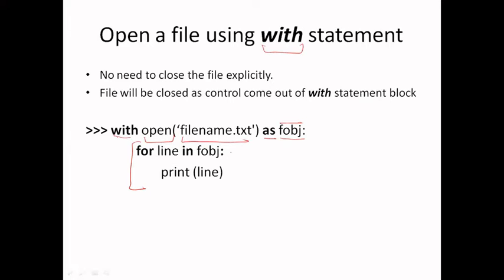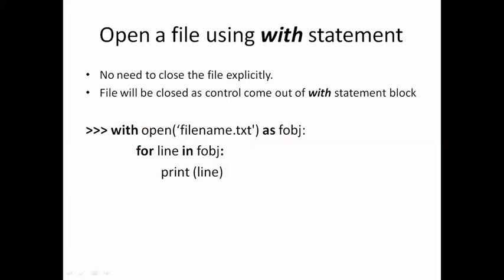As soon as control comes out from this block, the file will automatically close. So there is no need to explicitly close a file. That is the advantage of the with statement. It is suggested that we should use the with method because it is efficient and we don't have to take care of closing a file.